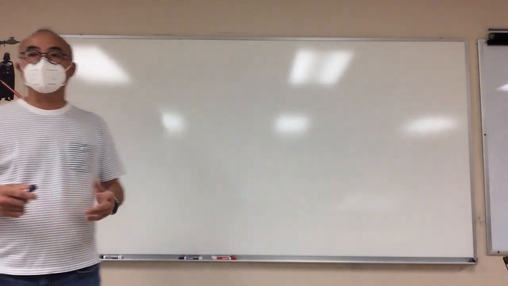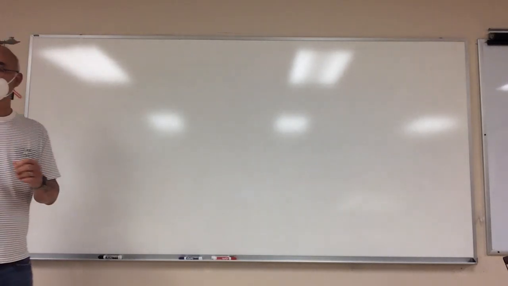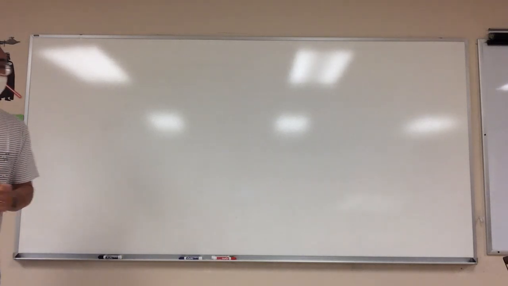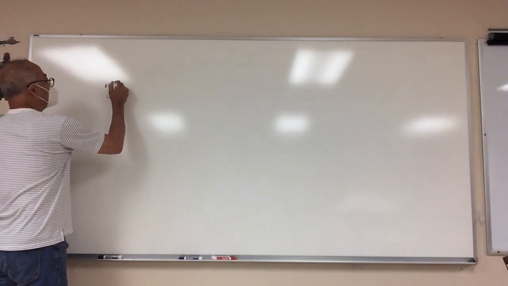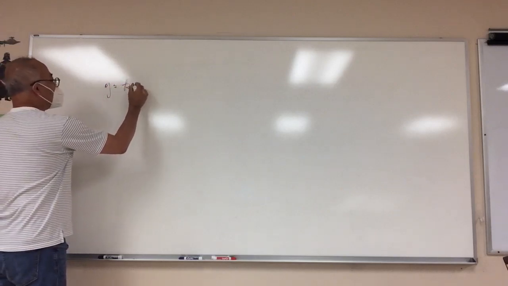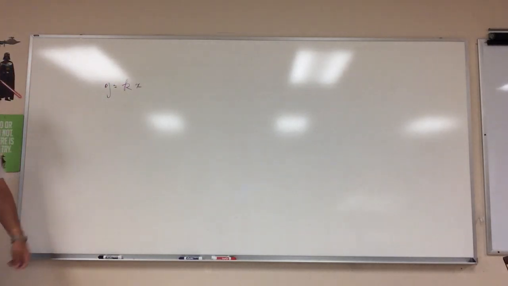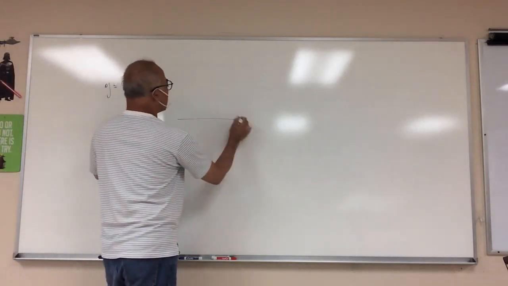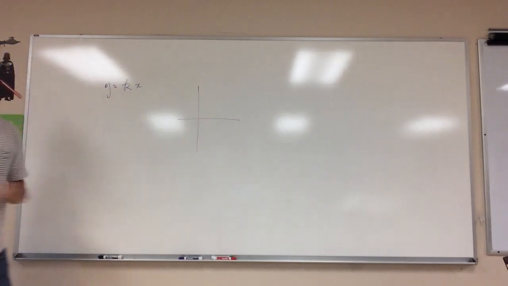Anybody know what a direct variation is? Like when X goes up, Y goes up, right? Don't you just multiply the two and then divide the one, and that's the answer to the Y? Y is equal to KX. Looks like this is a direct variation. So what is this? This is a line, correct?